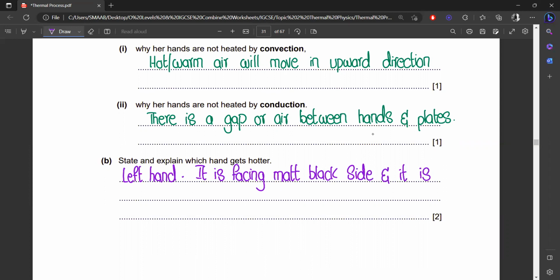Matte black side is a good absorber and emitter, right? So that is the reason.